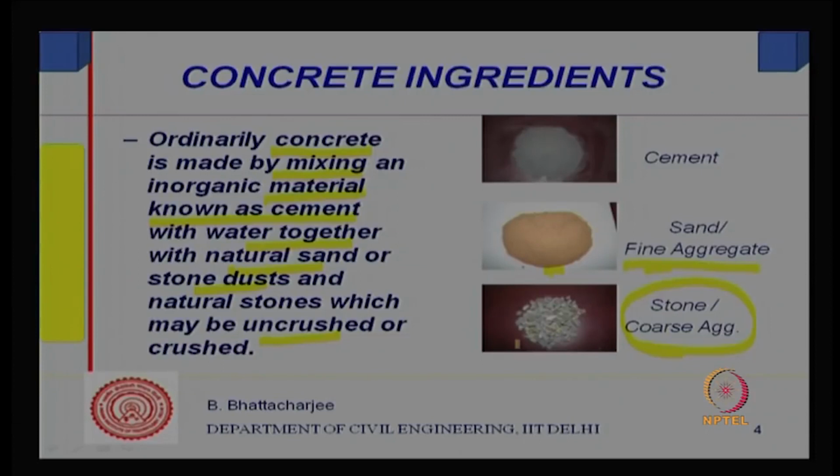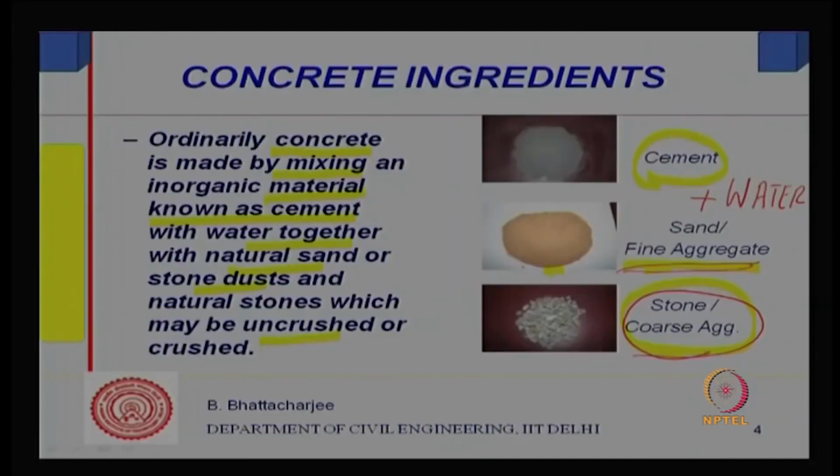So, normal or very conventional concrete is made up of cement plus water, these two make paste, sand, which we call fine aggregate, could be sand or crushed stone powder, and then stones, which form the coarse aggregate. So, that is generally the normal concrete.